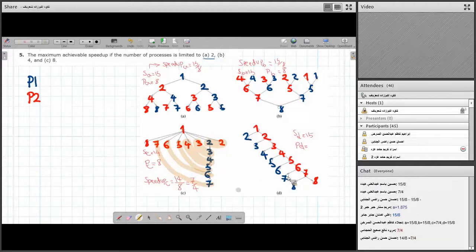These two processes are executed concurrently. We require 8 time steps to complete this algorithm. Therefore speed up D equals 15/8. Any question?